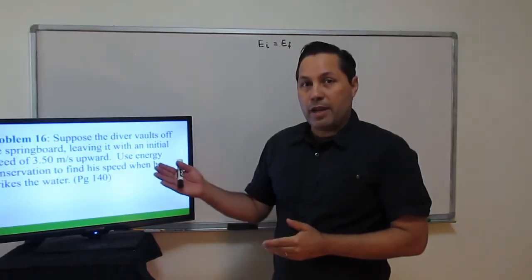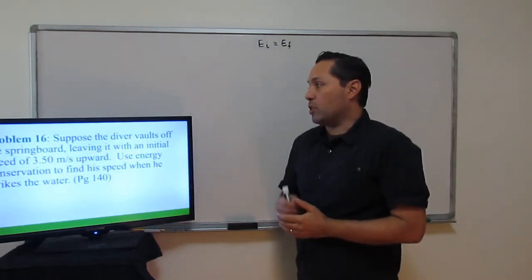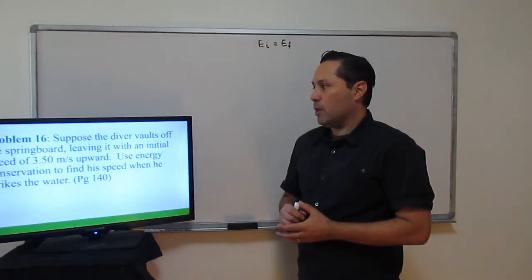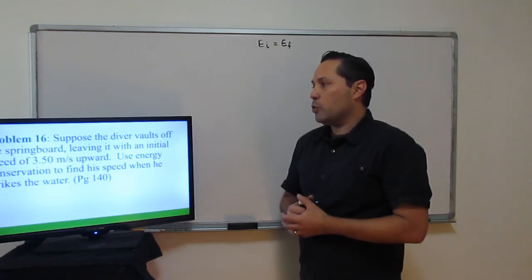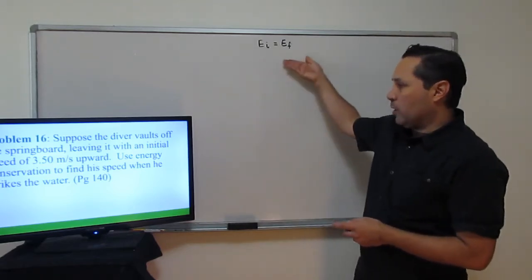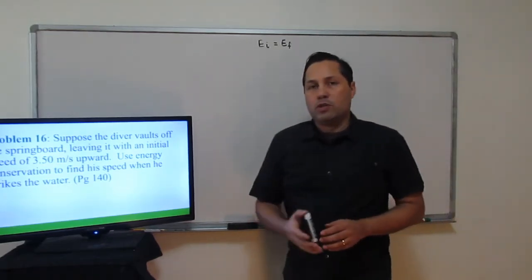In problem 16, they ask the following question. Suppose the diver vaults off the springboard, leaving with an initial speed of 3.5 meters per second upwards. Use the energy conservation formula to find the speed when he strikes the water.